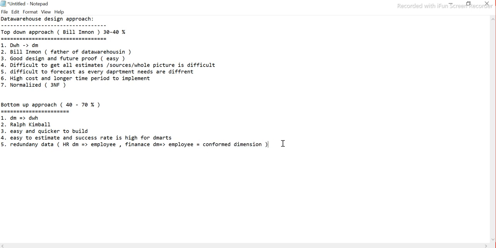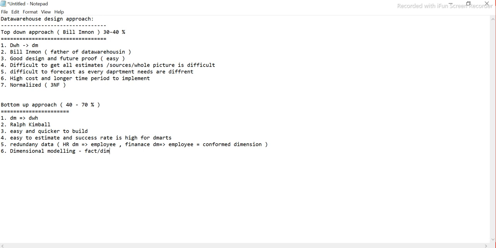Okay, so that's why I said we are using the dimensional modeling approach here, which means we are designing fact and dimension tables.